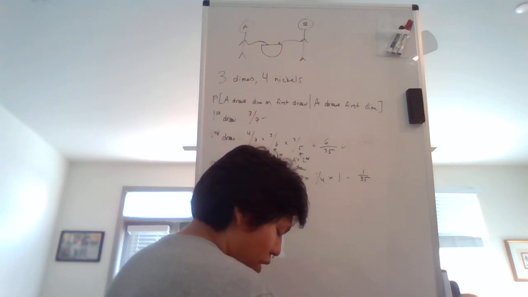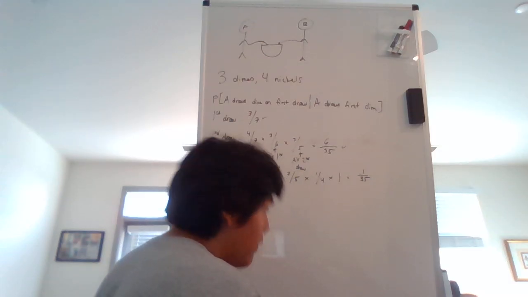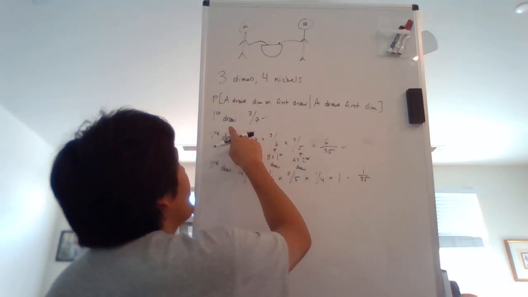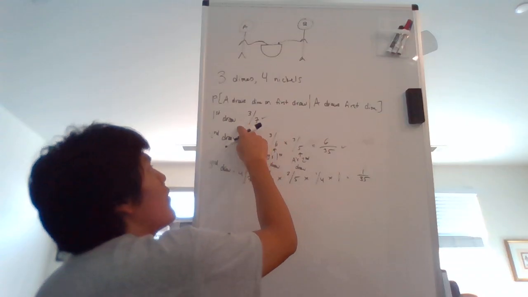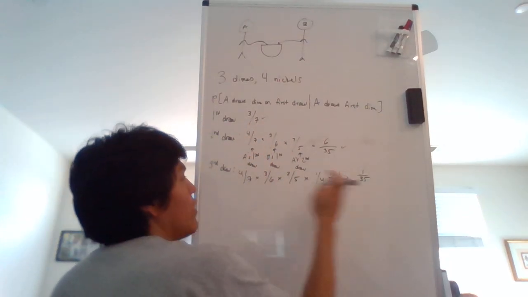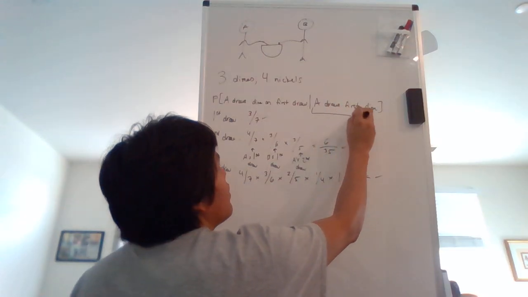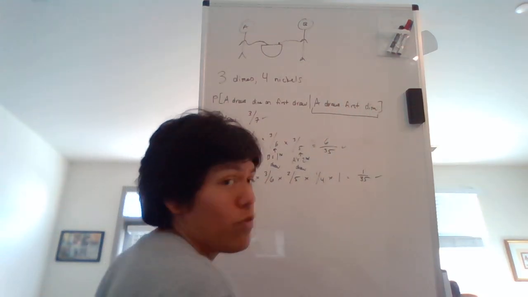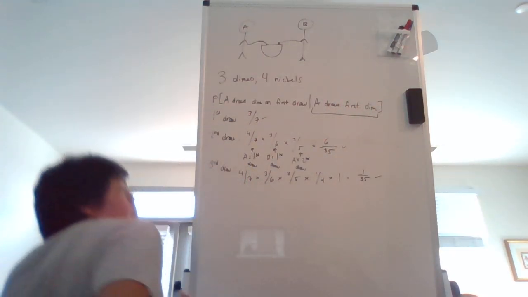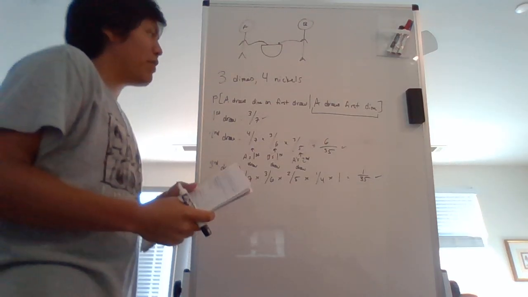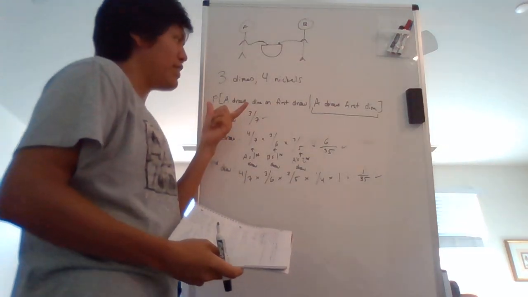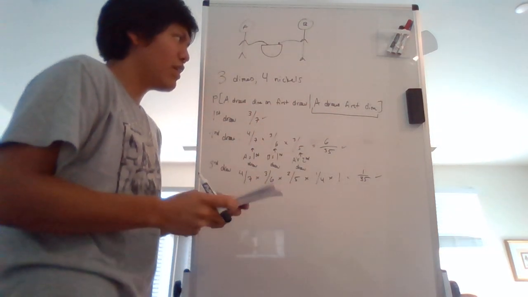Now finally we have A drawing a dime on their first or their second or their third draw. So we finally found this probability: A draws the first dime. But what we're interested in is this conditional probability.